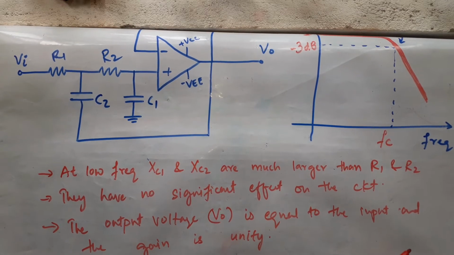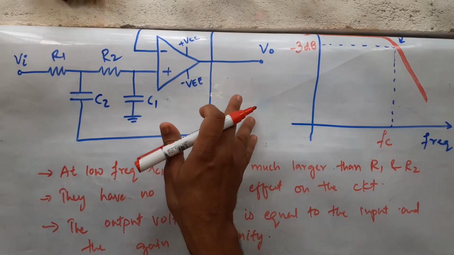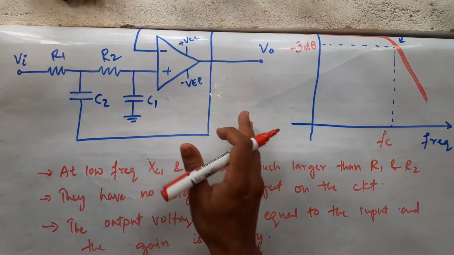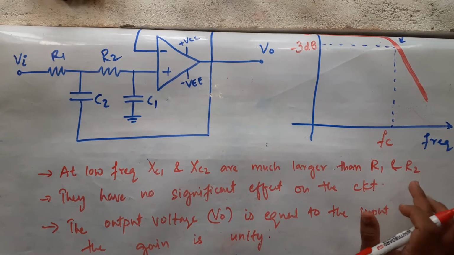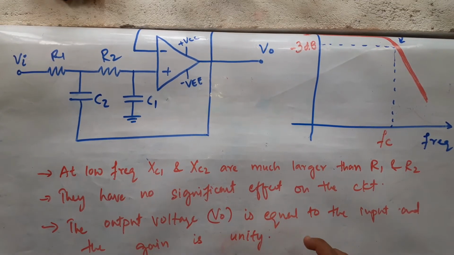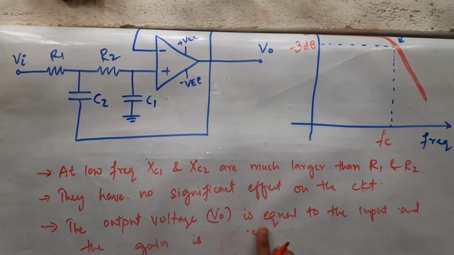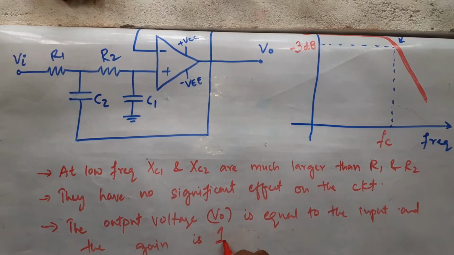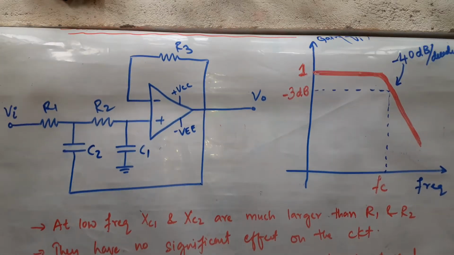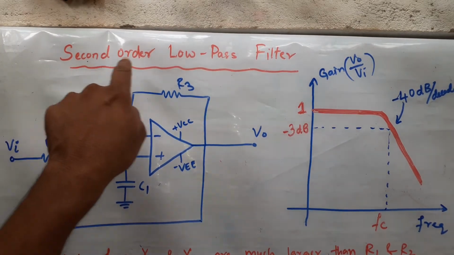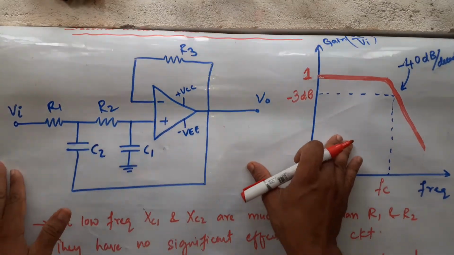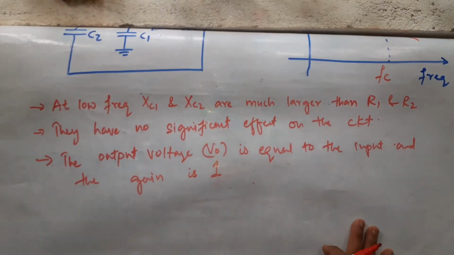This capacitance at low frequency is so large that the effect will be only such that it will give you unity output. Means the gain becomes 1. How the gain becomes 1, we have analyzed in first order low pass filter; you can refer to the same topic for that.